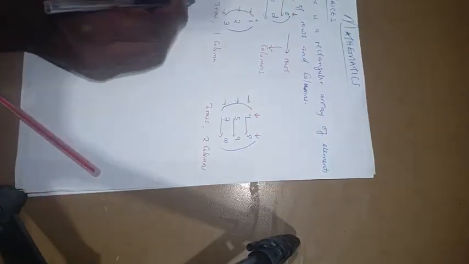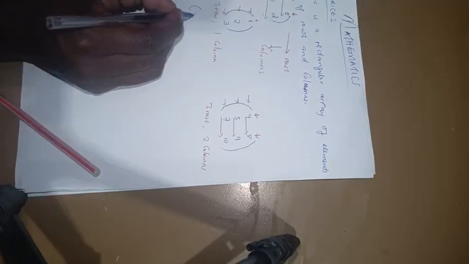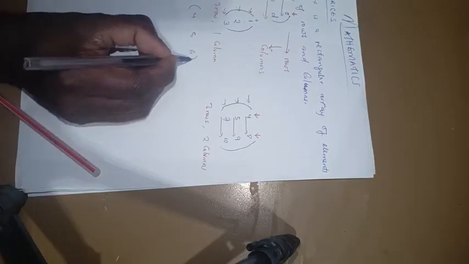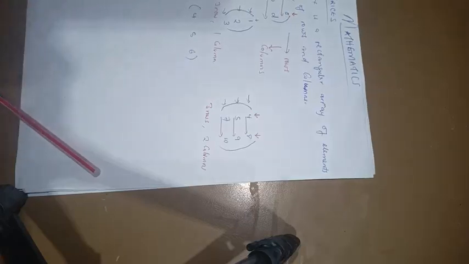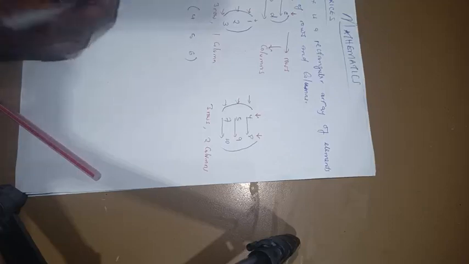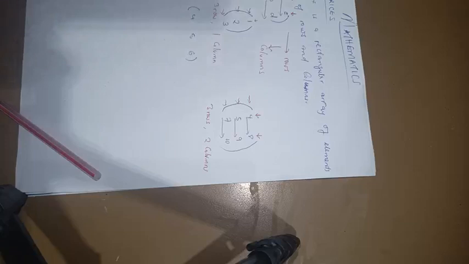Okay. What about this one? 4, 5, 6. How many vertical lines do we have? In each line we only have one number.